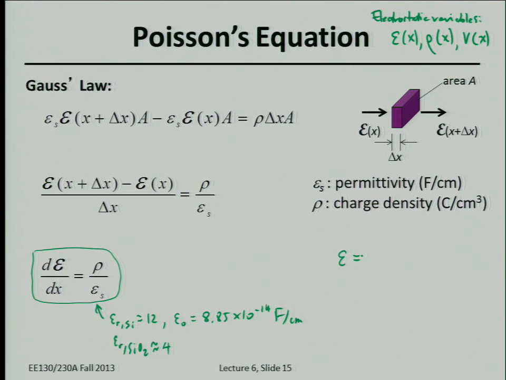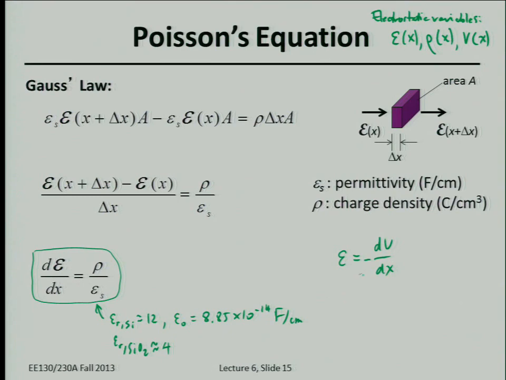It's some kind of derivative. In one dimension, there's a negative sign here. If the voltage is dropping, then electric field is positive in that direction.